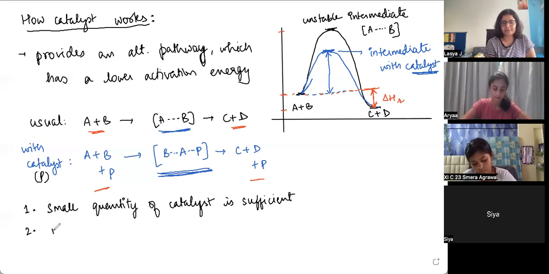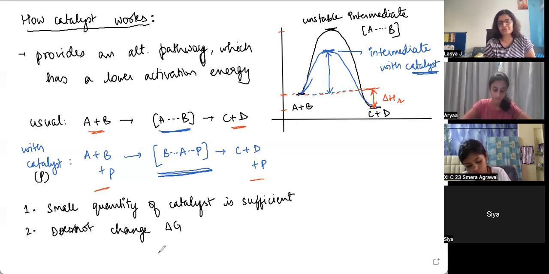So it does not change the delta G of the reaction. So Gibbs free energy is the same. So if it is exothermic, it is exothermic. If it is endothermic, it will be endothermic. It also does not shift the equilibrium this way or that way, because the catalyst's role is simply to provide this intermediate.